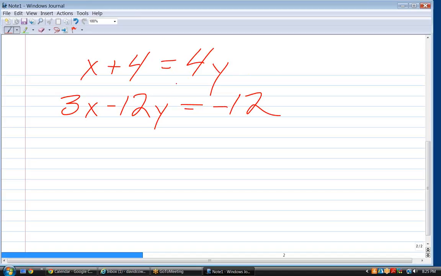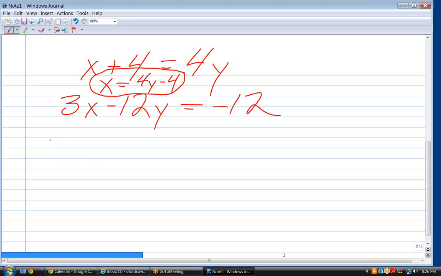Okay, so the first one becomes x equals 4y minus 4. Now I've got that first one fully defined in terms of x. I'm ready to substitute it into the second one. So what do I want to write in the second spot?